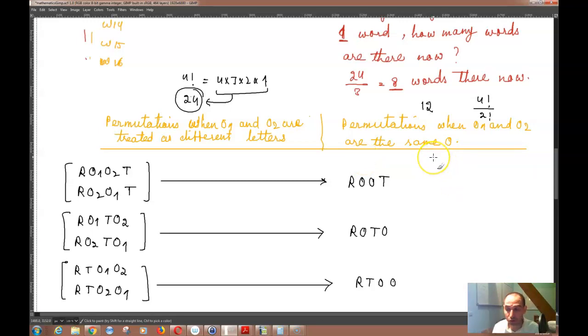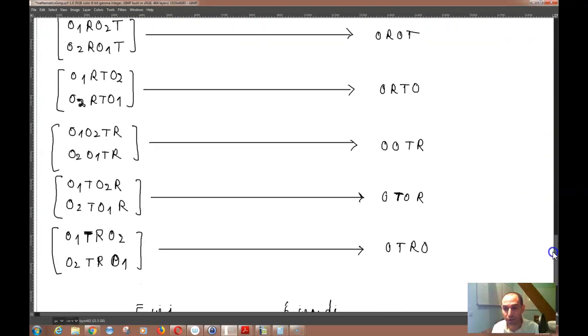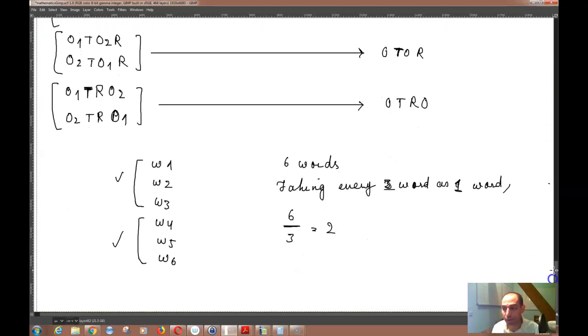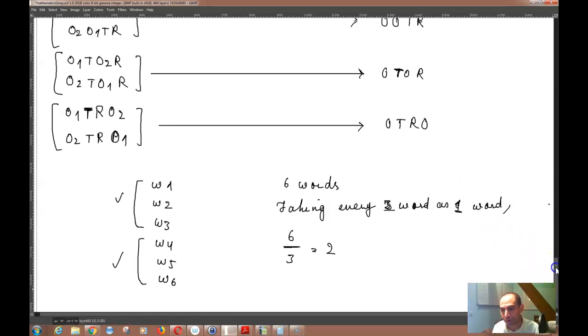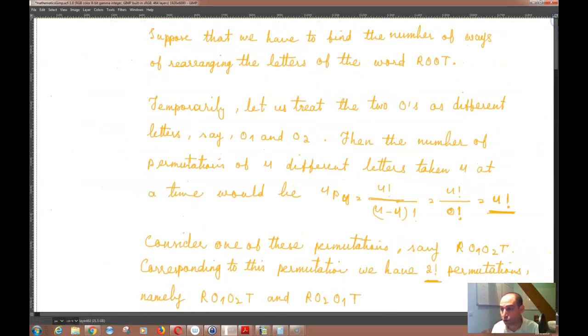You will see what sort of problems you can solve with these simple methods of counting. It's just simply counting 1, 2, 3, 4, 5, and so on and so forth. But with these methods of counting, you can do wonders. We will see about them as we go along.